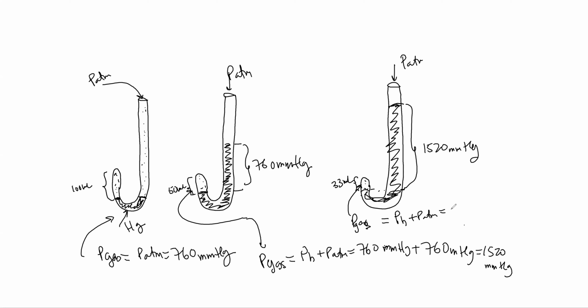So that will be 1520 millimeters of mercury plus atmospheric 760 millimeters of mercury. That came out to 2280 millimeters of mercury. So they tripled the original pressure, and the gas was reduced by 1/3.